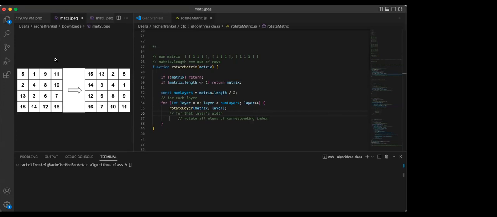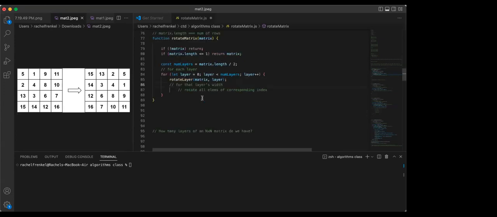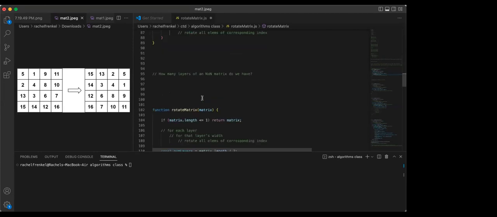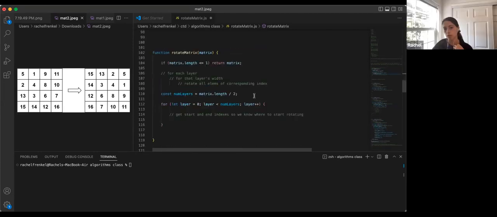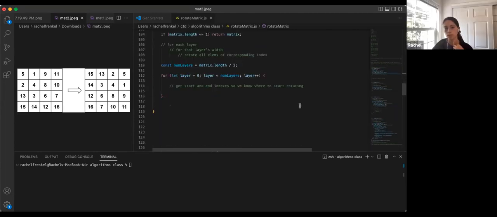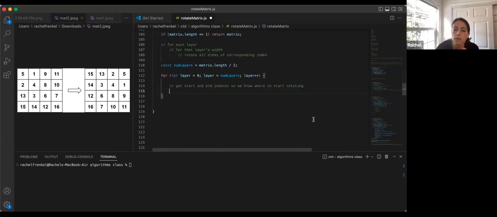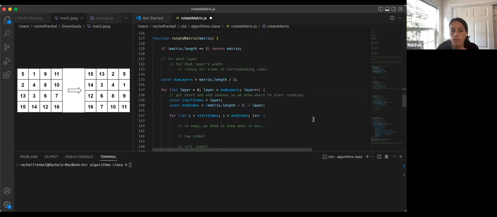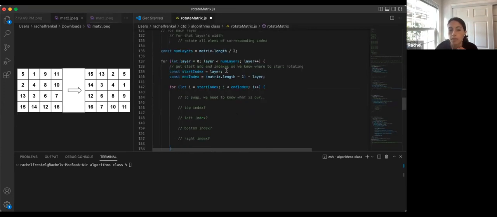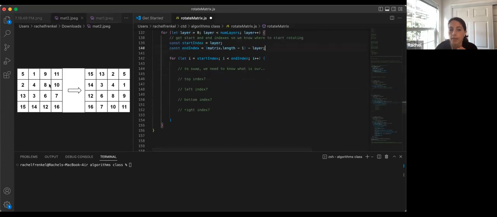Yeah. Okay. Great. So this is actually where we are. And here we go. So our start index is the layer. Our end index is the matrix length minus 1. And then we're insetting however many the layers are. So this is just getting us the width of whatever layer we're looking at.